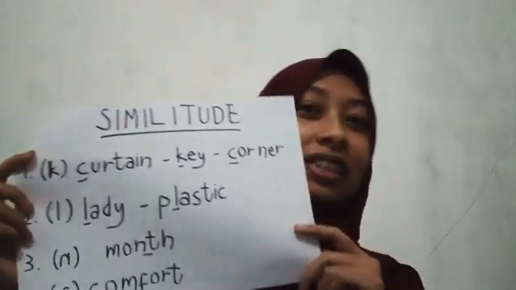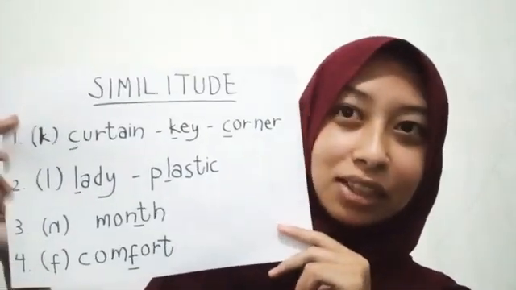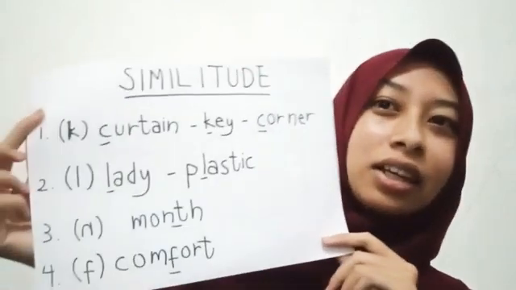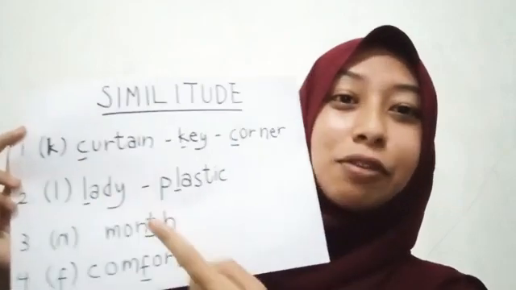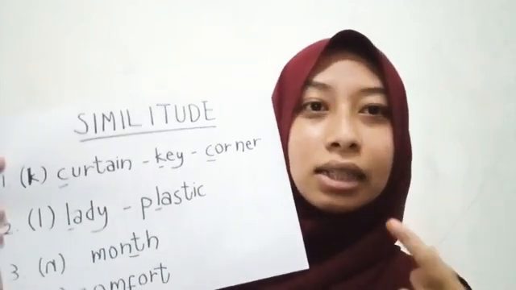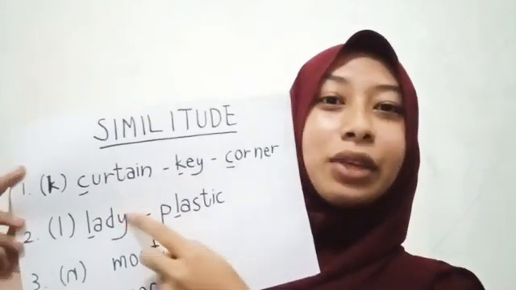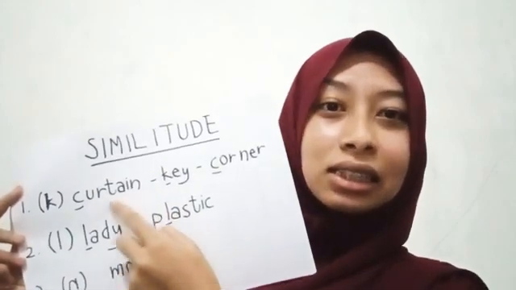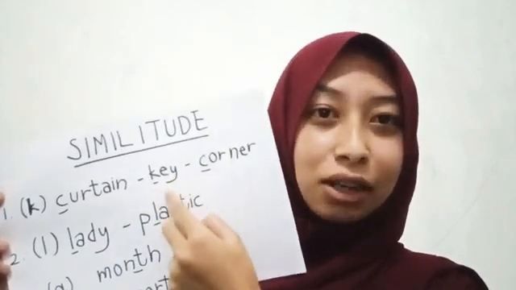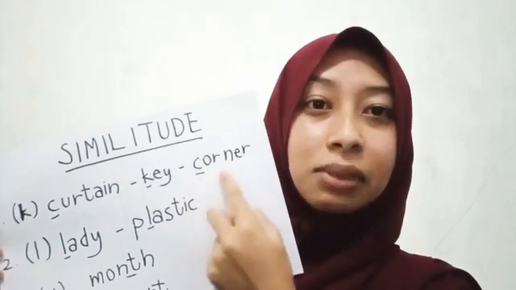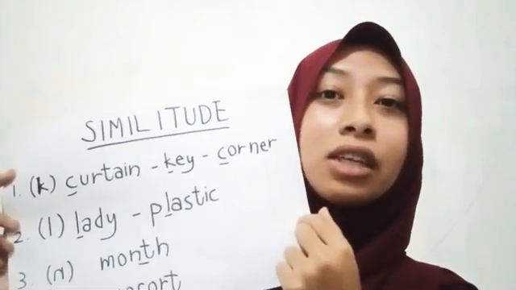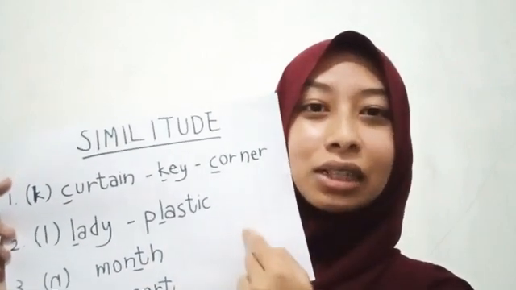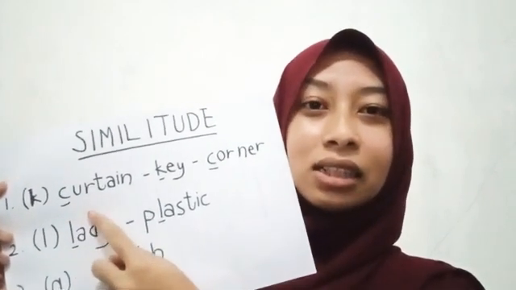Here are the examples of similitude. For the first example, the K sound. We have the ordinary K sound, the variety of the K sound, and the similitude of the K sound. For the ordinary one, we have the example curtain.